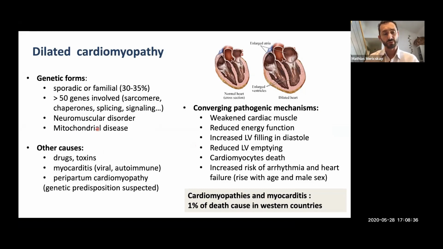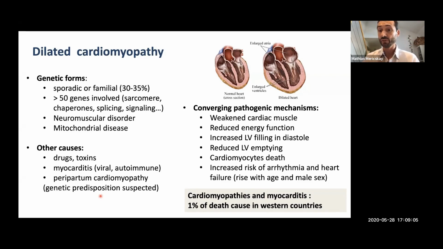It's also, of course, a manifestation in mitochondrial disease, and it can also be caused by non-genetic causes such as drugs, toxins, myocarditis. But in many of these cases, genetic predisposition is suspected. So despite this complex and very diverse etiology, there is a kind of convergence of pathogenic mechanisms in this disease, where you always observe a form of weakening of cardiac muscle contractility.